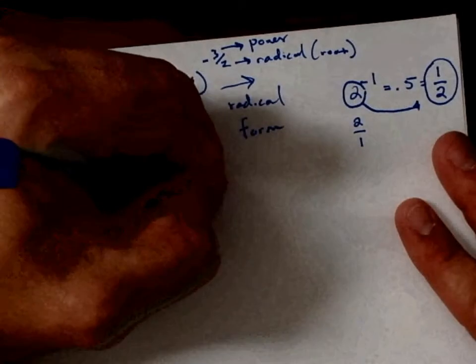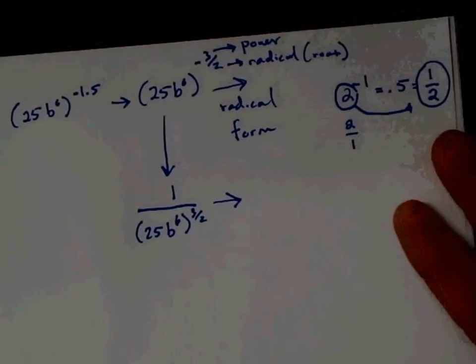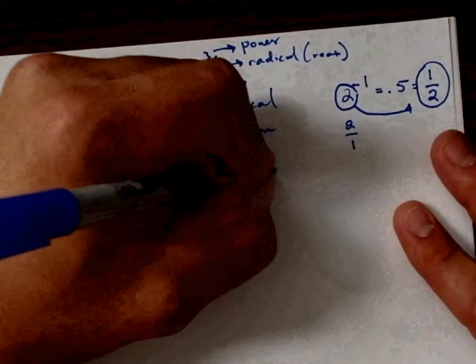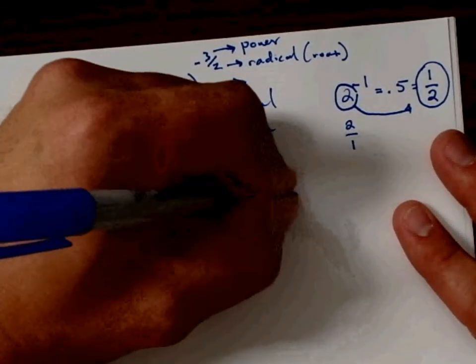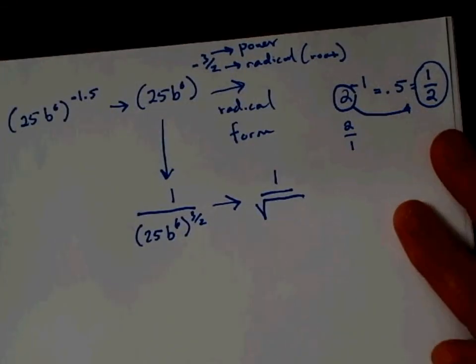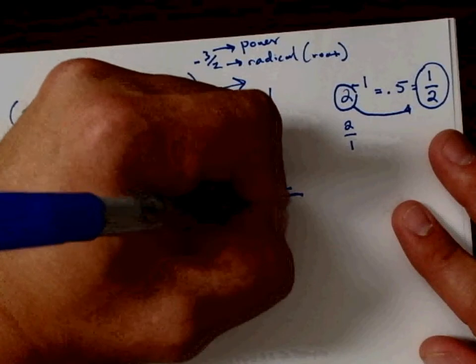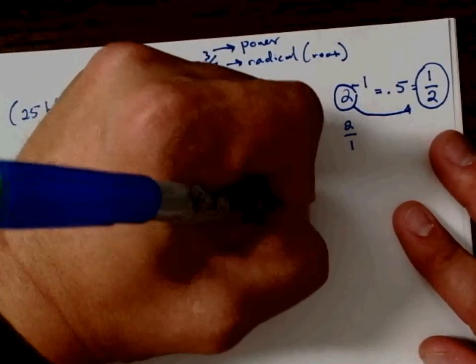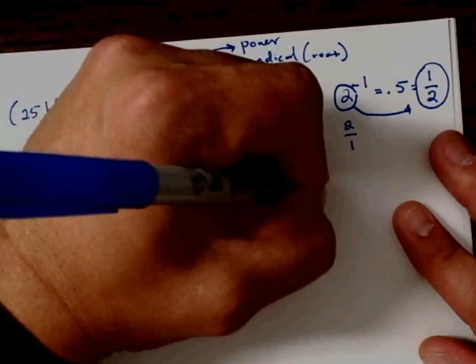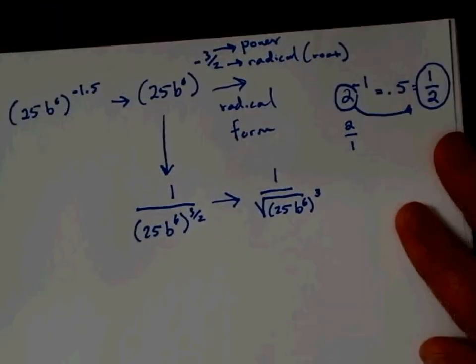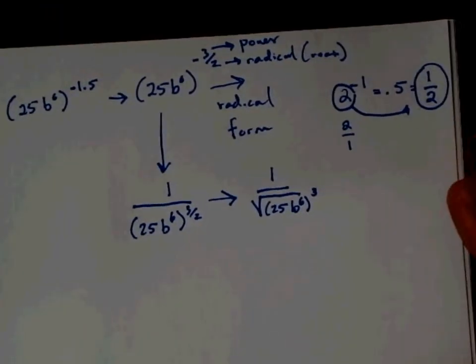And so if I'm going to write this in radical form, this is going to be 1 over a square root, because it's squared on bottom, 25 b to the 6th cubed. Do we all agree on that? So that's the radical form.